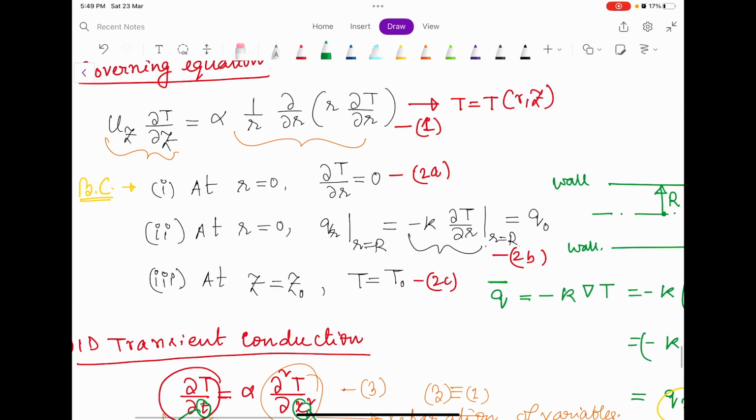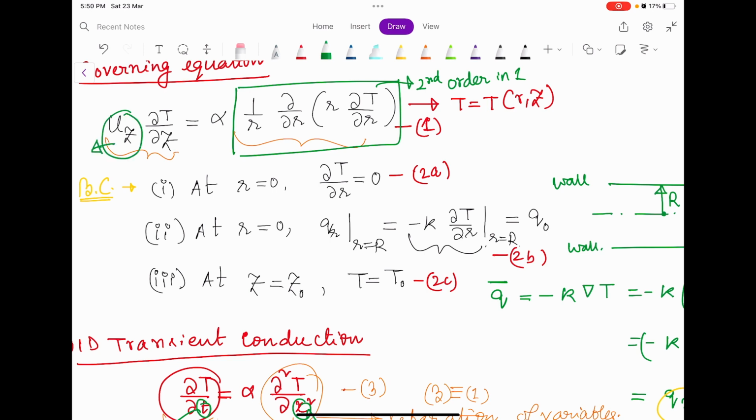Okay. So now you see that in this type of problem, we have the governing equation homogeneous, right? And we also have the second order term in terms of R, second order in R, and we know the variation of uz because this is a thermally fully developed flow.